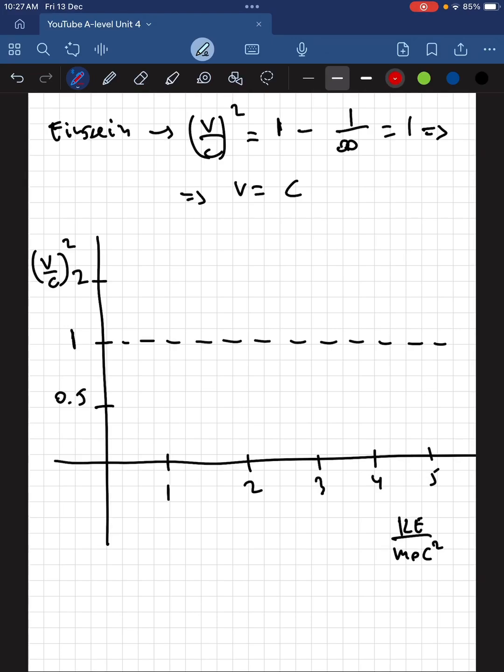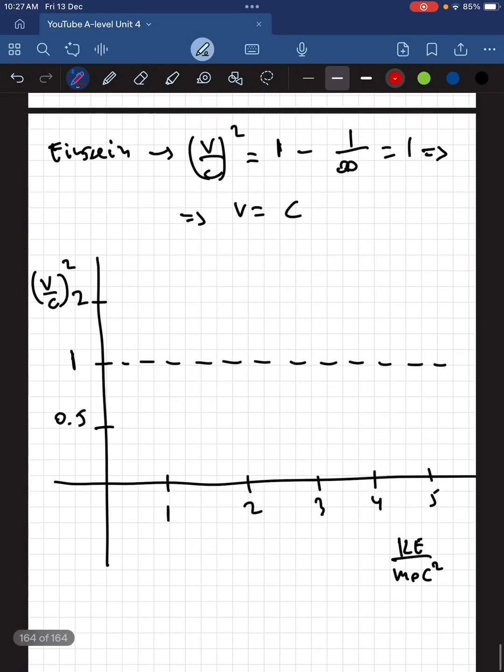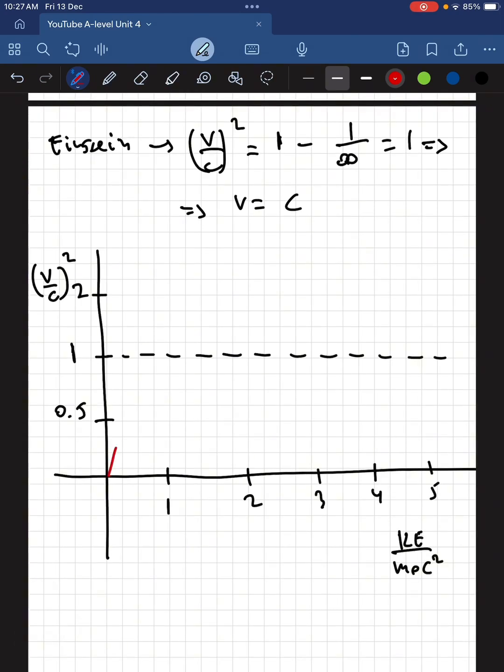So classically, if we plot the classical formula, we get that the higher the kinetic energy, the higher the velocity, and the velocity can theoretically become infinite, which is wrong. But with Einstein, let me use green, we get this picture.